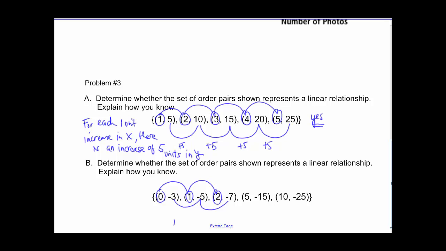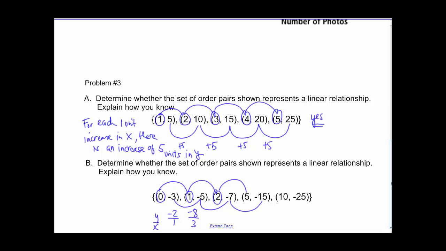So as the x goes up 1, we actually have a decrease of 2. Then we get to 2, and there is an increase of 3, so if it goes up 3, then we are going from negative 7 to negative 15. So we have a decrease of 8.